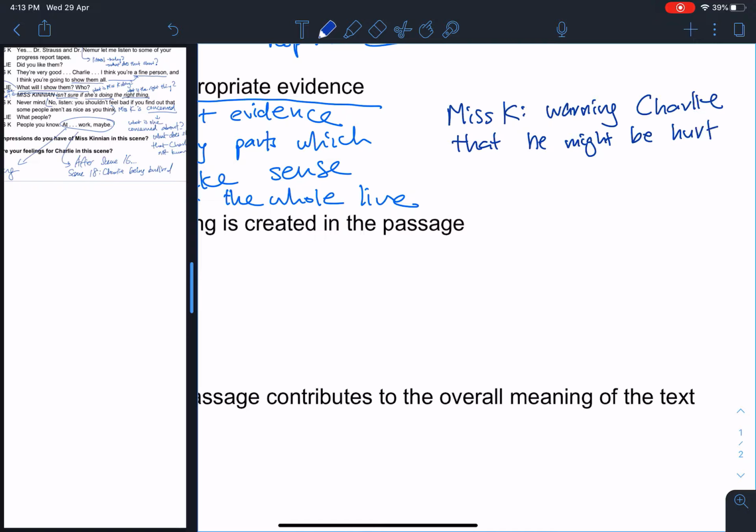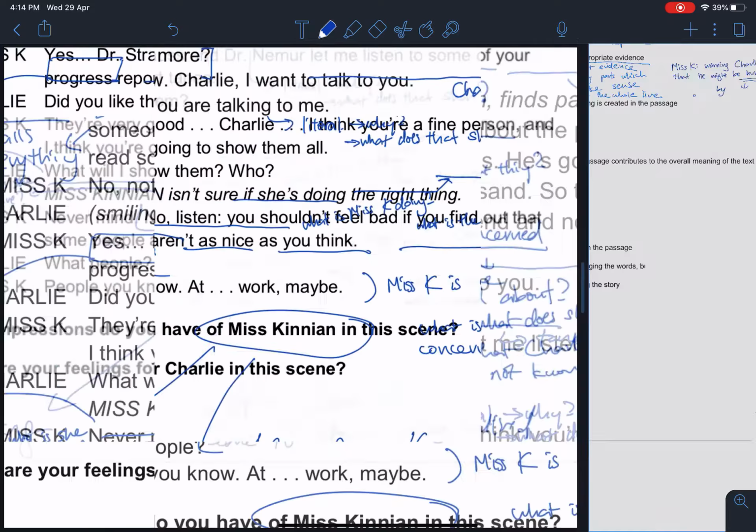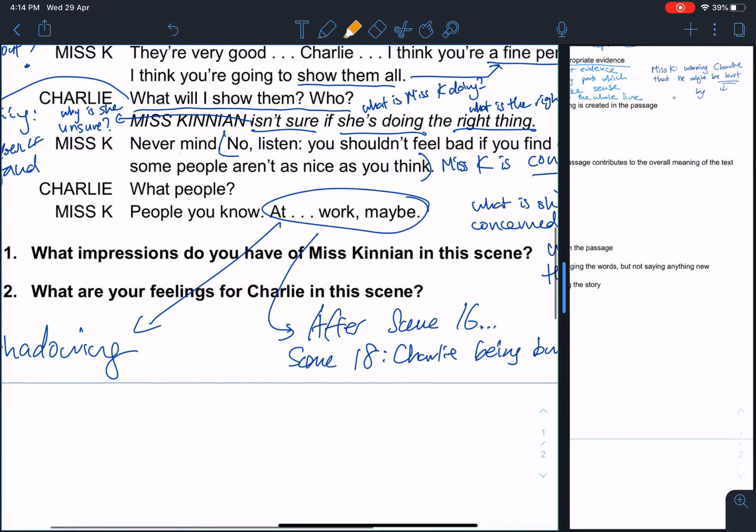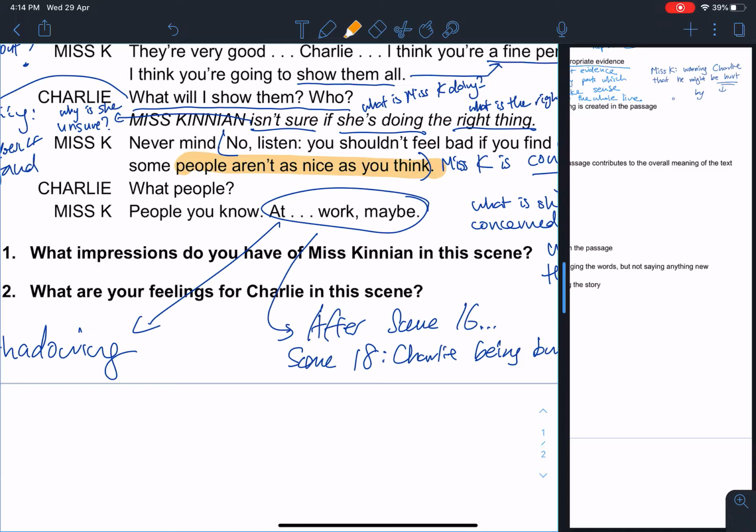Now this is my idea. I'm trying to show this by quoting what Miss Kenyon is concerned about: that people aren't as nice as Charlie thinks, right? So that is what I can say.